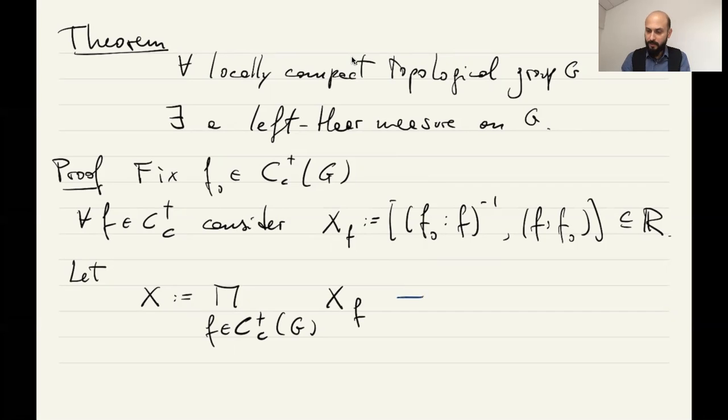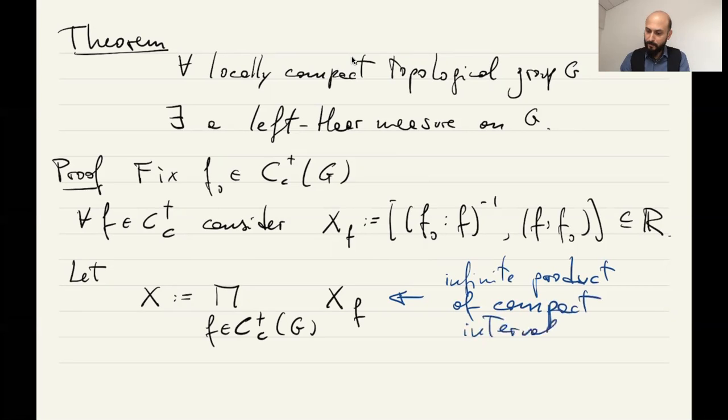So this object here is an infinite product of compact intervals with the product topology. Okay, what is the idea?